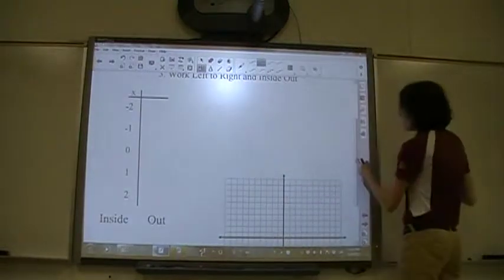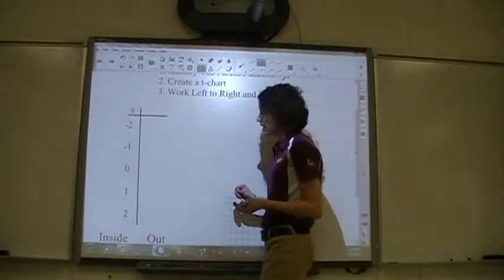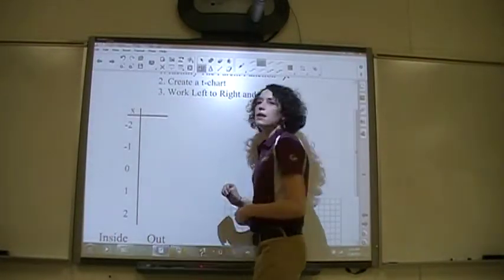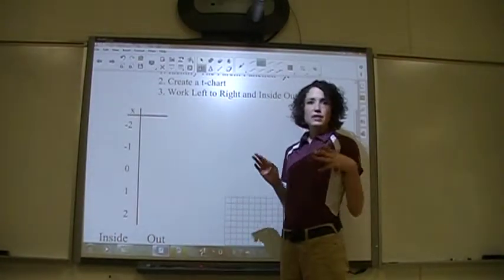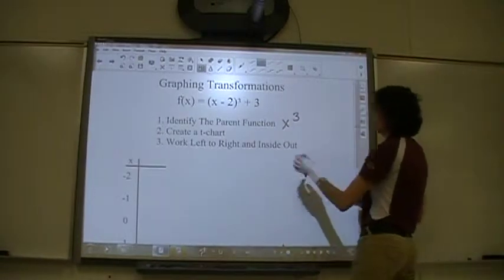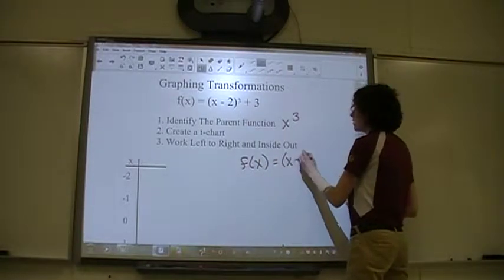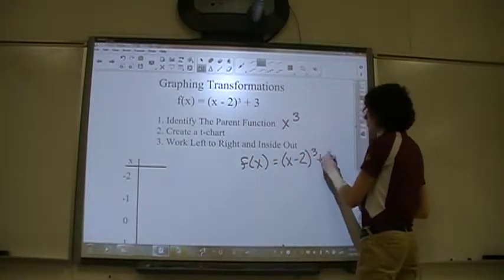Then it says work left to right and inside out. What I mean by that is I want you to write inside out, even if you just put I and O, that's fine. Inside out and work left to right. So I'm going to rewrite my function down here so I can see it. I have f of x equals x minus 2 cubed plus 3.